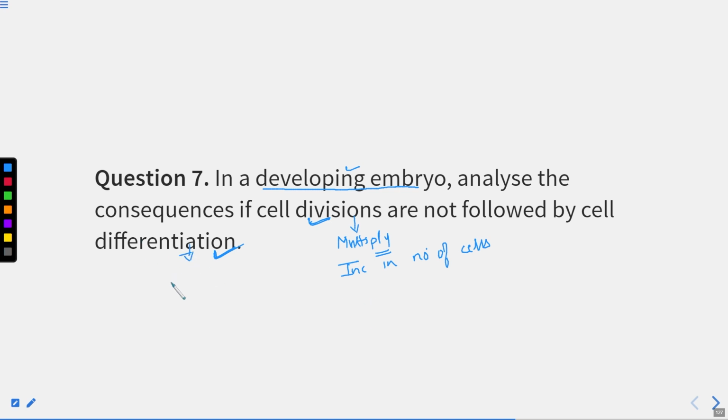And when the cells mature, they acquire specific functions. Alright? So this happens during cell differentiation. The cells acquire specific function.